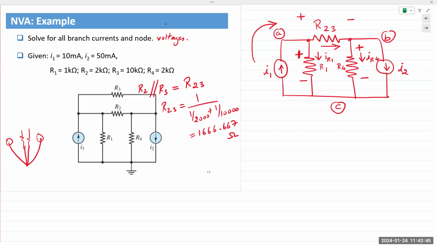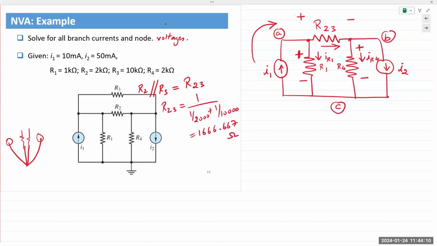Now, anytime I solve an example in class, I tend to use the component notation as the subscript. So IR1 simply refers to the current for R1. VR1 is not labeled here on the schematic, but students should understand it refers to the voltage for the resistor R1. Make sense?